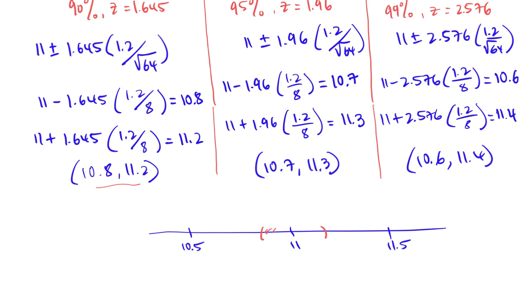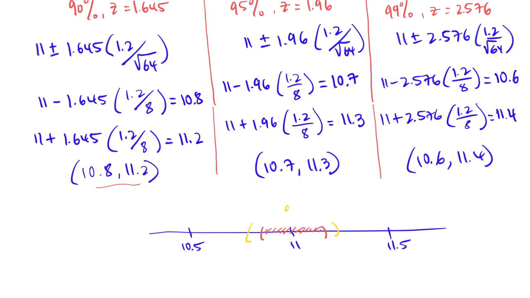For the 95% confidence interval, we would go from 10.7, which is less than 10.8, to 11.3, which is more than 11.2.